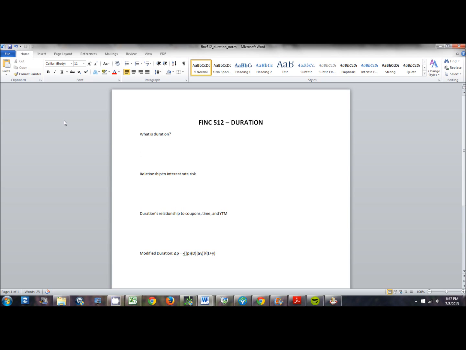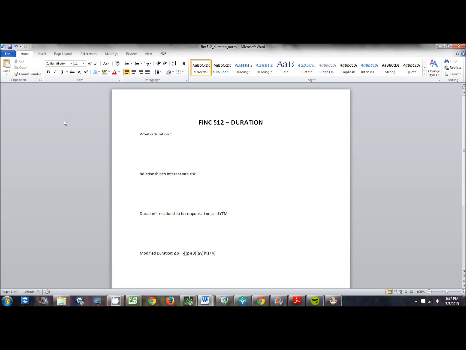And so it's a really nice way for a bank or a financial institution to look at its portfolio of bonds and determine, hey, how exposed are we right now if interest rates go up? How much is our bond portfolio going to fall? And investors can use this for their own personal portfolios. Hey, I've got X number of dollars in bonds. If interest rates go up, I know my bond portfolio is going to go down, but by how much? That's how duration can help you.